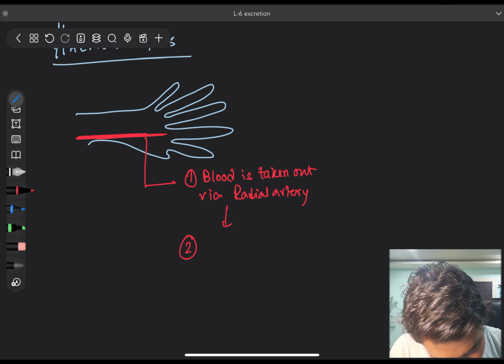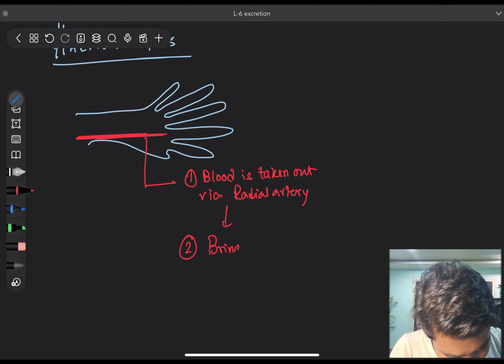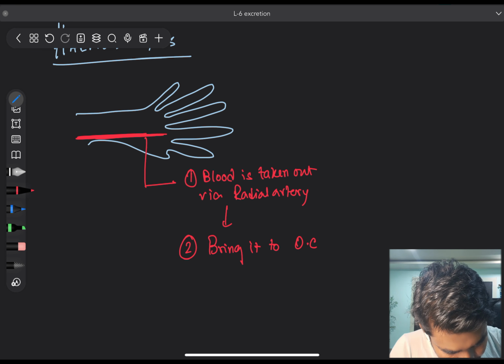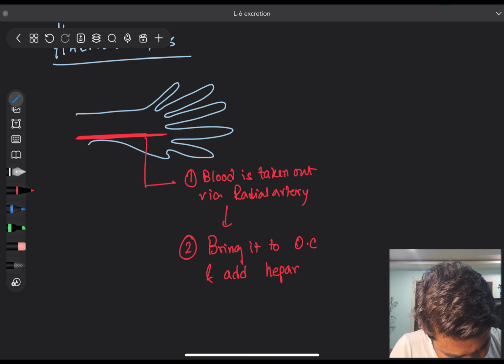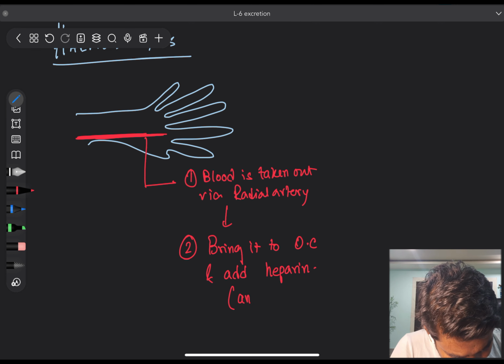Step 2: bring it to the dialysis unit and add heparin. It is an anticoagulant.